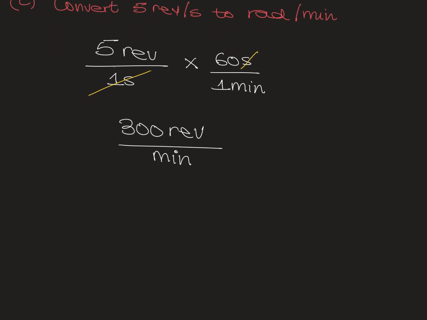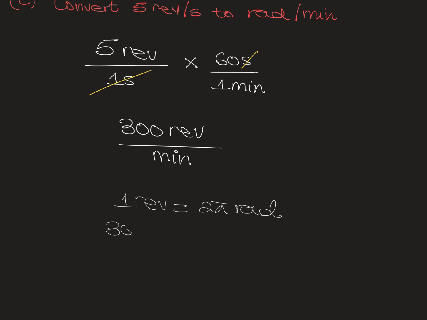Okay, now we have been able to convert it into revolutions per minute, but the answer has to be in radians per minute. So which means the revolution that I have here is what I have to convert to radians. We know that 1 revolution is equal to 2 pi radians.